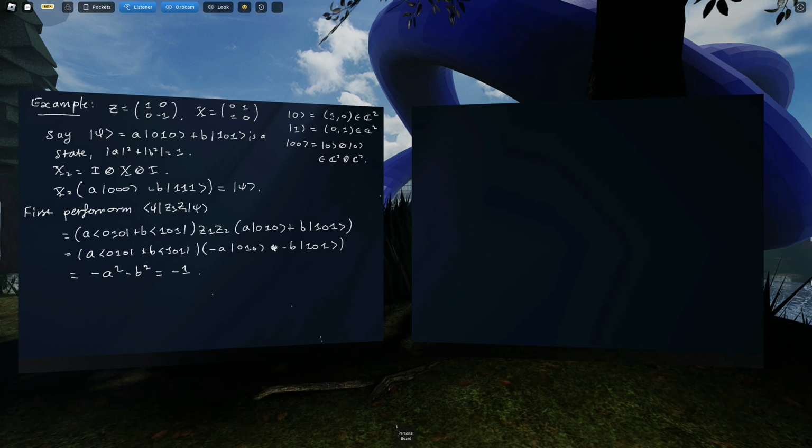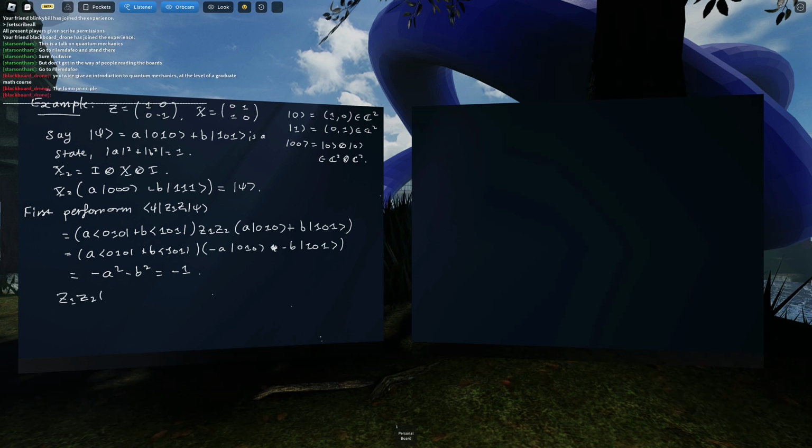So then what we want to do is check what the resulting state was. So I can just use the formula from before, and we see that Z1 Z2 psi over the square root of p of m is equal to negative A|0,1,0> minus B|1,0,1>. Okay, so that's the new state of the qubit.